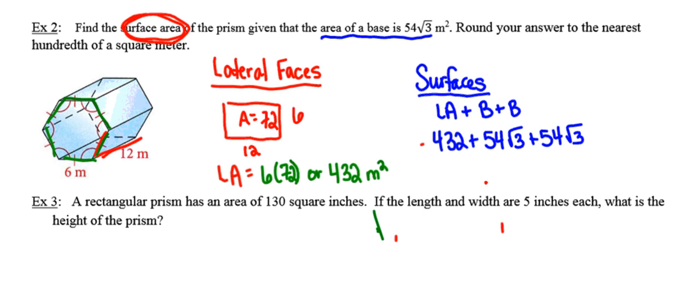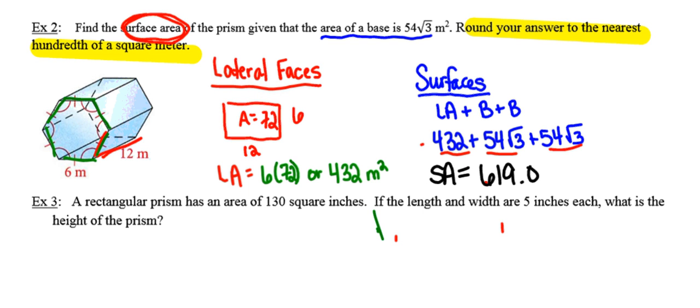So I'm going to grab my calculator, and I'm going to type 432 plus 54 root 3 plus 54 root 3. When I type that in and round my answer to the nearest hundredth of a square meter, we find that the total surface area of this prism is equal to 619.06 square meters.